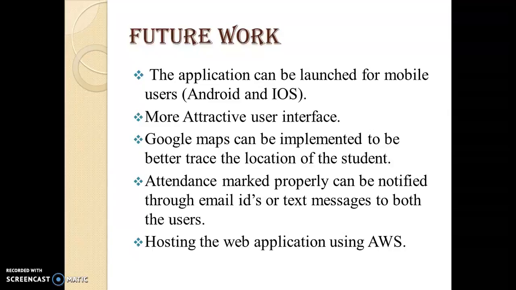So once they mark the attendance, we can get an email notification or text message that yes, you have marked your attendance. So it would be a new feature, and that is why included in future work. And as I already said, hosting the web application using AWS, that is Amazon Web Services. So all these things come in the future.